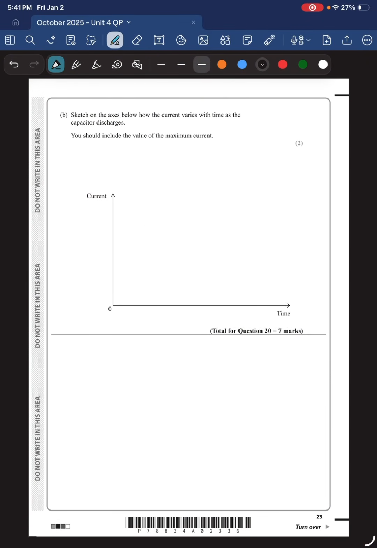Sketch on the axis below how the current varies with time as the capacitor discharges. When a capacitor discharges, we know that I is I naught e to the minus t over tau. Therefore, it's an exponential decay curve that starts from I naught, and we can find I naught by using Ohm's law.